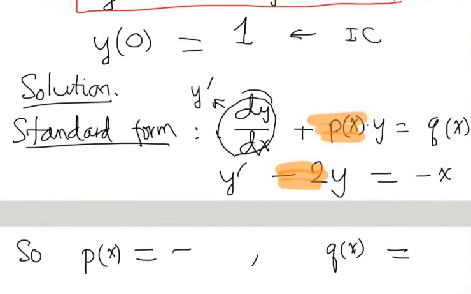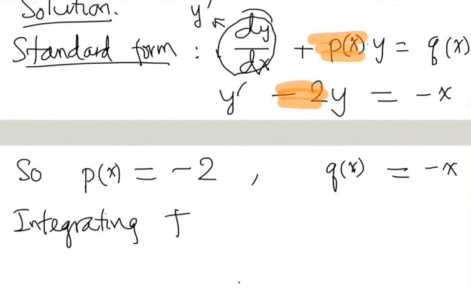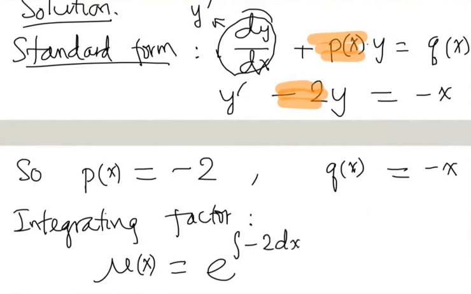So in this case, p of x is minus 2 and q of x is minus x. Hence, the integrating factor is mu of x equal to e to the integral of p of x, which is minus 2, dx. And then we get e to the minus 2x.